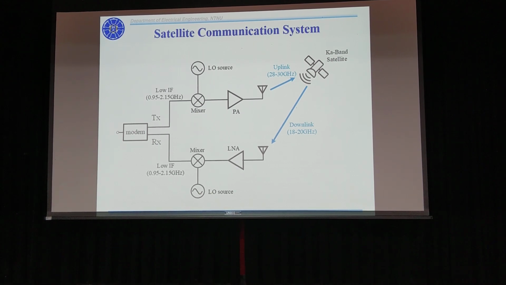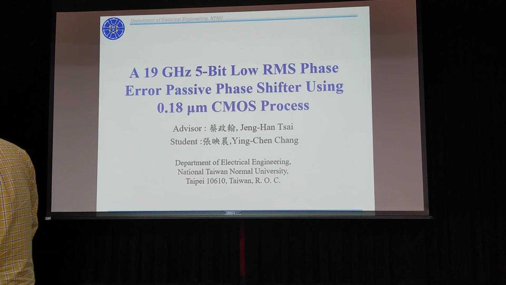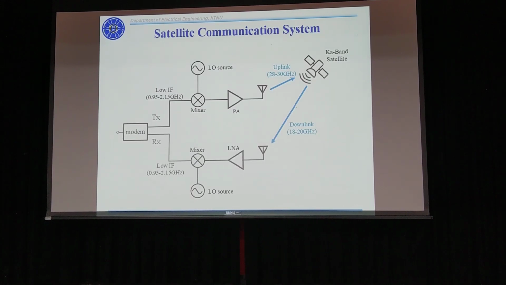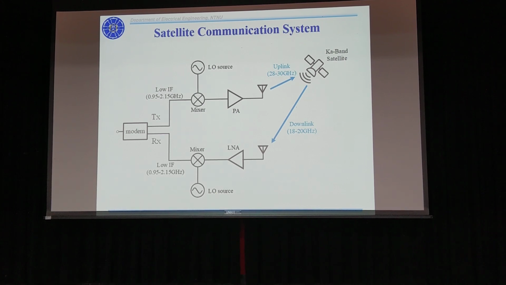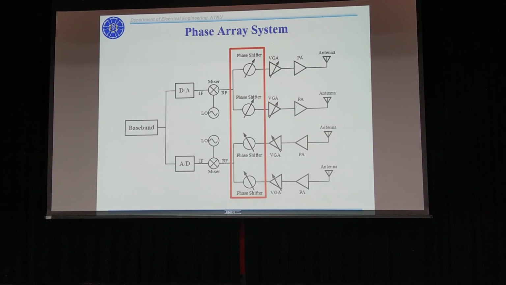Traditionally, the satellite communication system uses a dish antenna to overcome the long distance channel loss. But the dish antenna is unportable and not easy to integrate with planar circuits. So nowadays, people are trying to develop phased array systems with patch antennas to deal with the portability and integration problems.